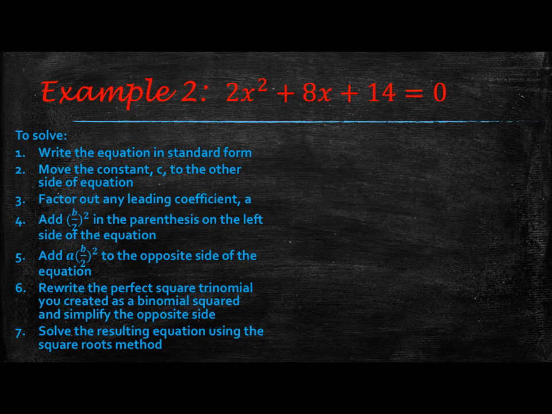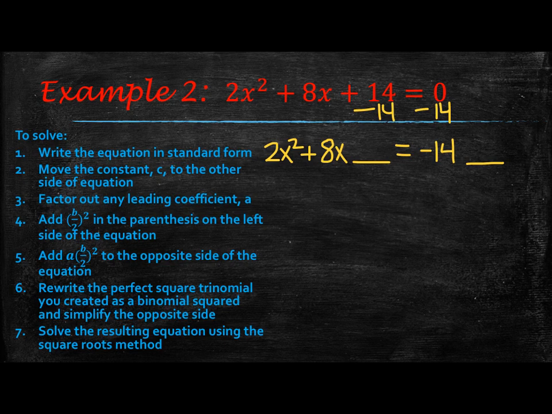Okay, example 2. So this time we have an a that is not 1. So we're still going to move the c to the other side. So we're going to have 2x squared plus 8x. Go ahead and leave a space. Equals. We'll bring that 14 to the other side by subtracting it. So we have a -14 on the right.